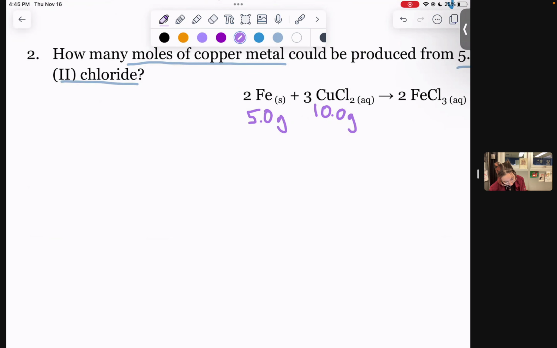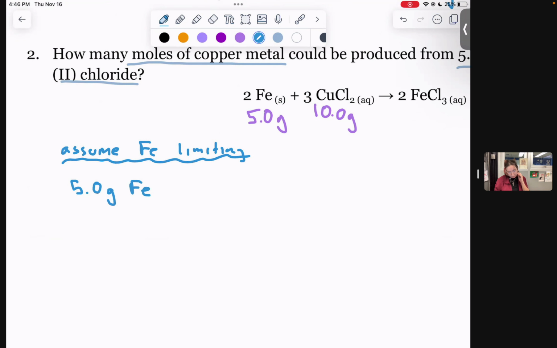So assuming these different ones are limiting, I'll start with iron. Solve the problem, assuming all we have to care about is that I have 5 grams of iron, and go along until we get moles of copper. So I'm going to want to change this into moles.